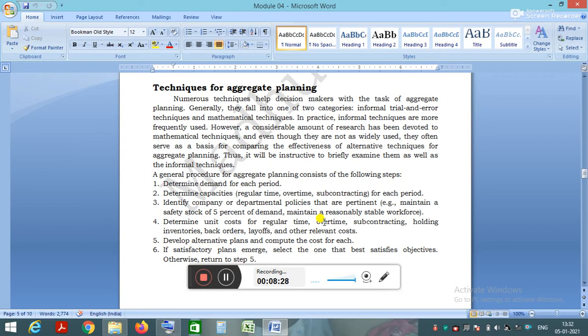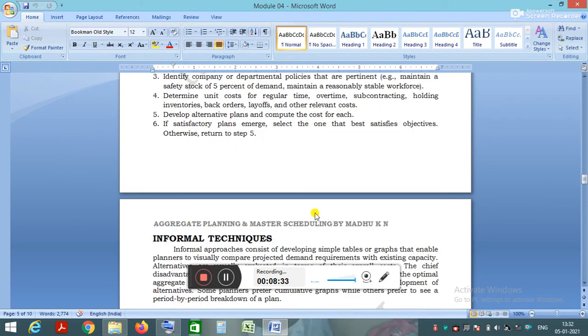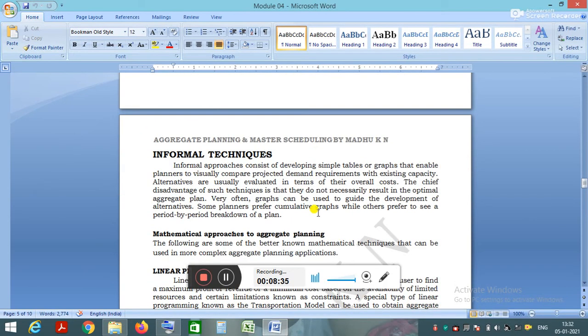Okay, this is about the techniques of aggregate planning. What is an informal technique? Informal approaches consist of developing simple tables or graphs that enable planners to visually compare projected demand requirements with the existing capacity.